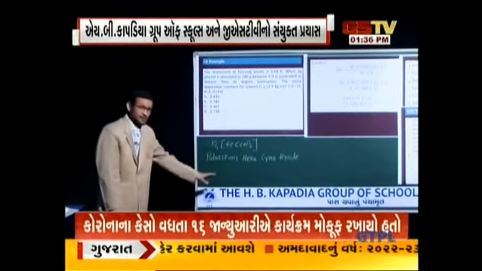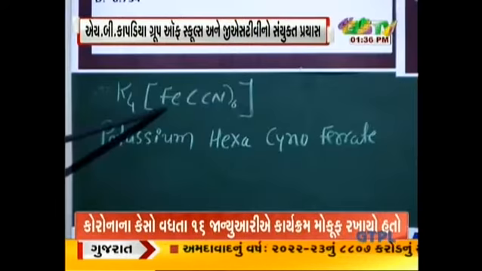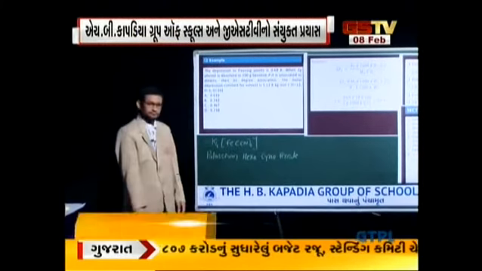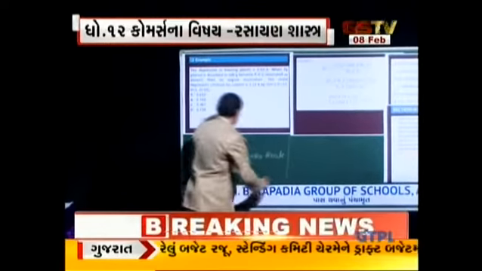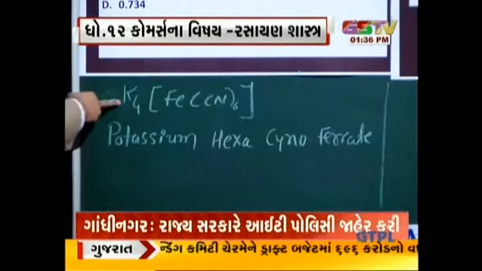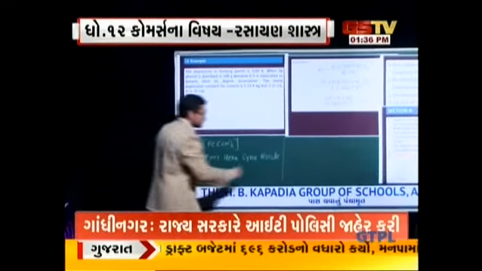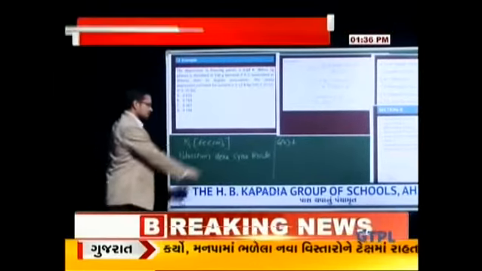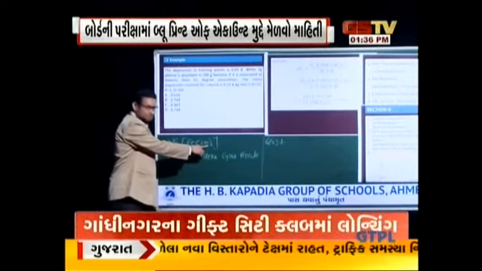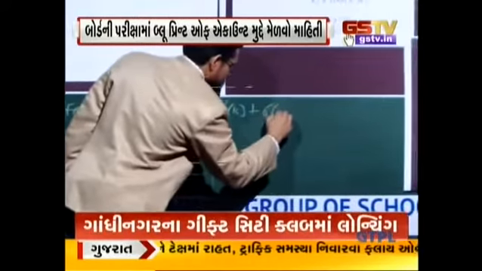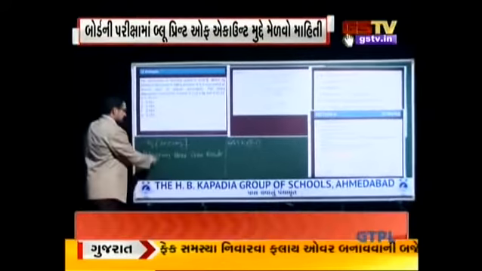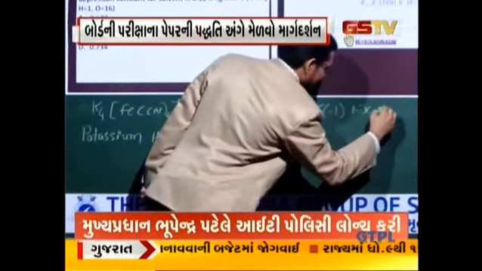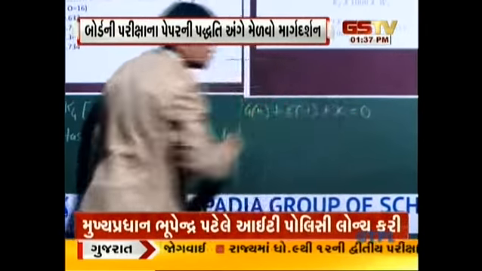But this is not complete. We have to write the iron oxidation number. How can we find the oxidation number of the Fe metal? Let's see. There are 4 potassium, so 4K plus 6 CN, cyanide has a negative charge, so 6 times minus 1, and Fe, whose oxidation number we have to find, as X, is equal to 0.